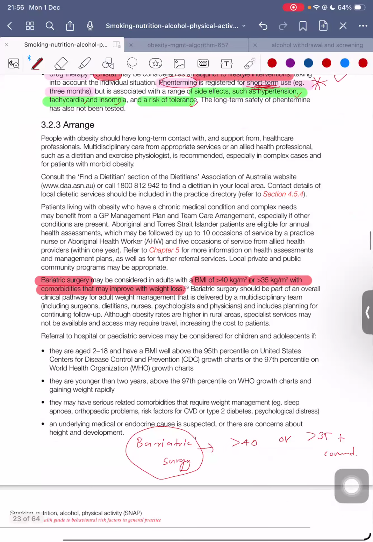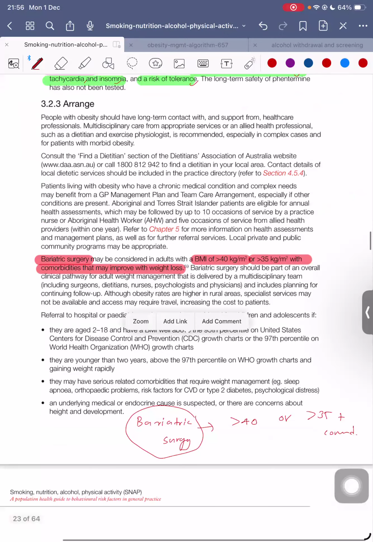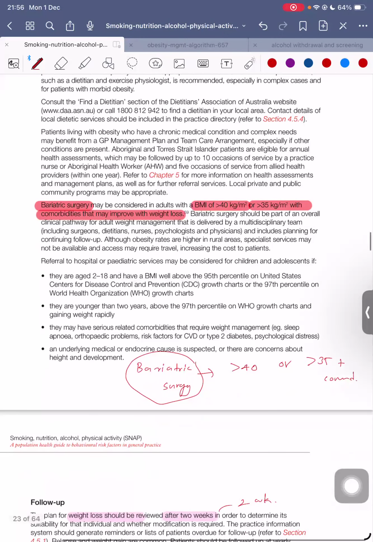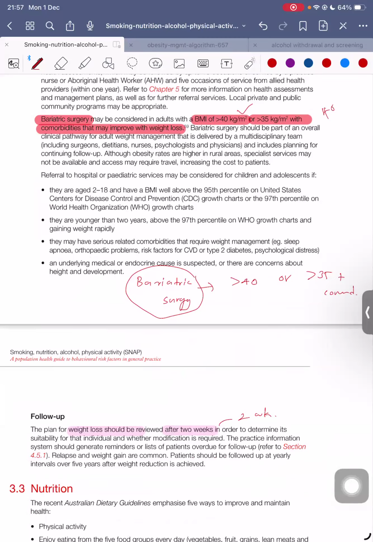And the last option is bariatric surgery, right? We all know the very last option for obesity is bariatric surgery. So what are the indications for bariatric surgery? Remember, if the patient's BMI is more than 40, or BMI is 35 with comorbidities, we have to go with bariatric surgery.